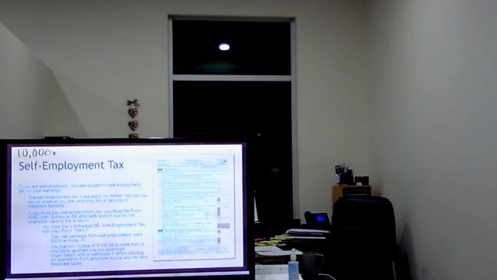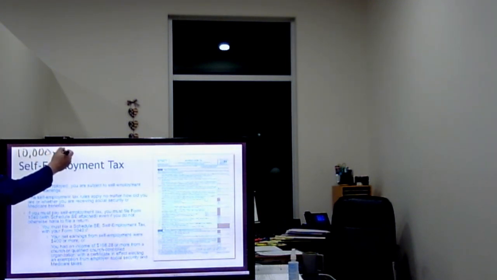Well, it's because the 7.65% that an employer pays is a deductible business expense to them. So if I pay you as an employee $1,000, I have to deduct $76.50 for Social Security and Medicare tax, but I also pay $76.50, so I get a deduction of not only the $1,000 I paid you, but the $76.50 that I also have to pay the IRS.